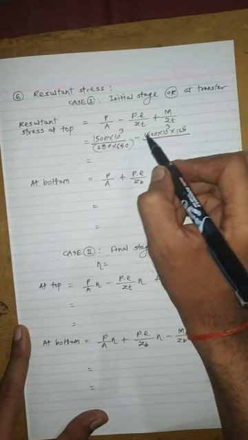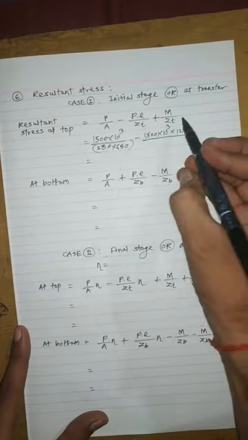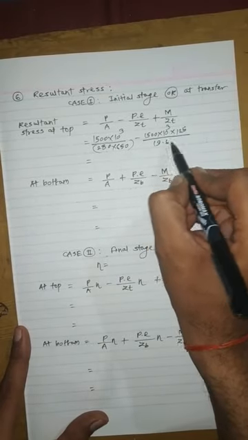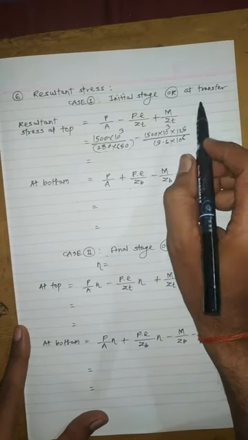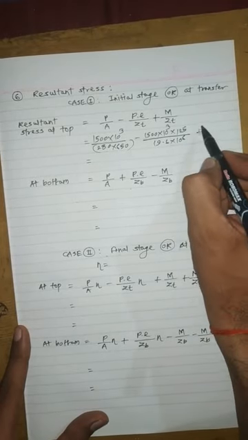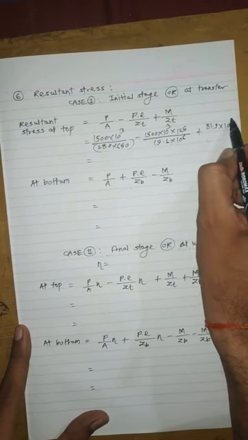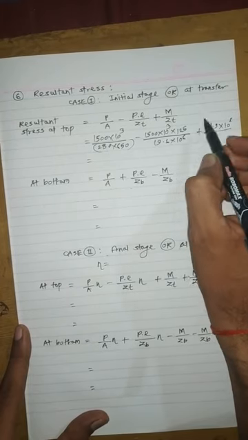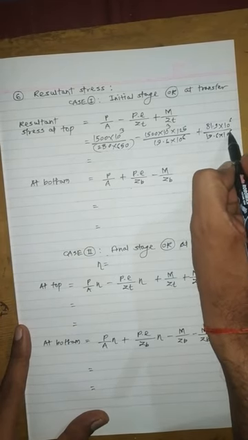ZT we find, which is 19.6 into 10 to the power 6, plus moment due to self weight. So here moment due to self weight is 81.9 into 10 to the power 6 divided by again 19.6 into 10 to the power 6.